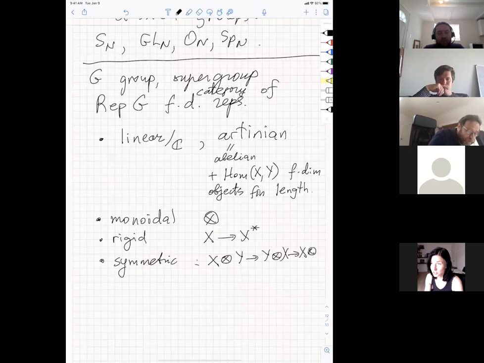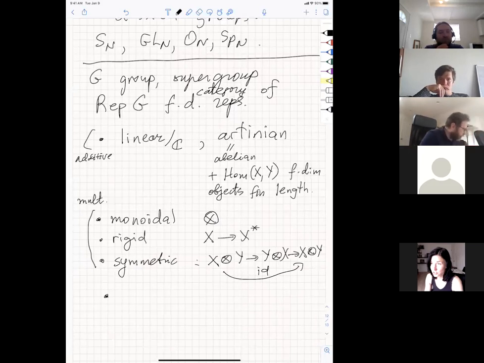And if you apply it twice, you get the identity. So this tells us about the additive structure of this category, and this is a multiplicative structure. And then there is an axiom of connection between additive and multiplicative structure.